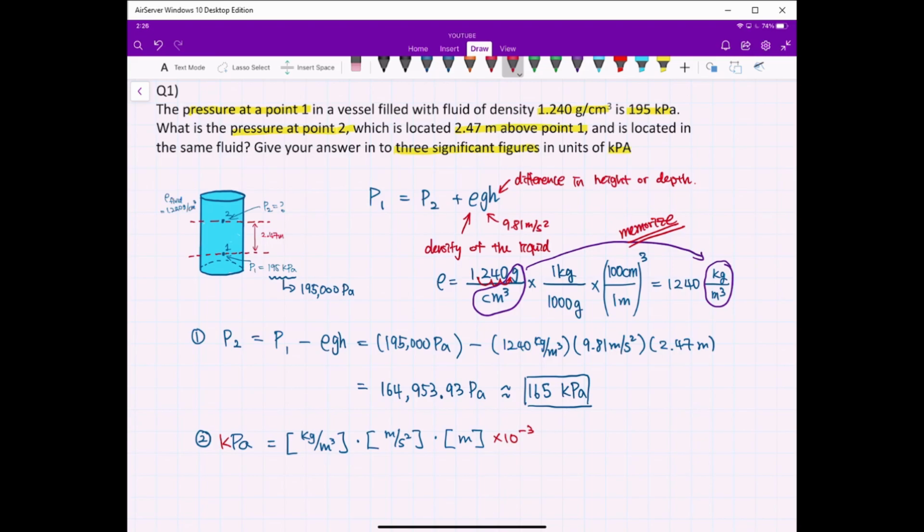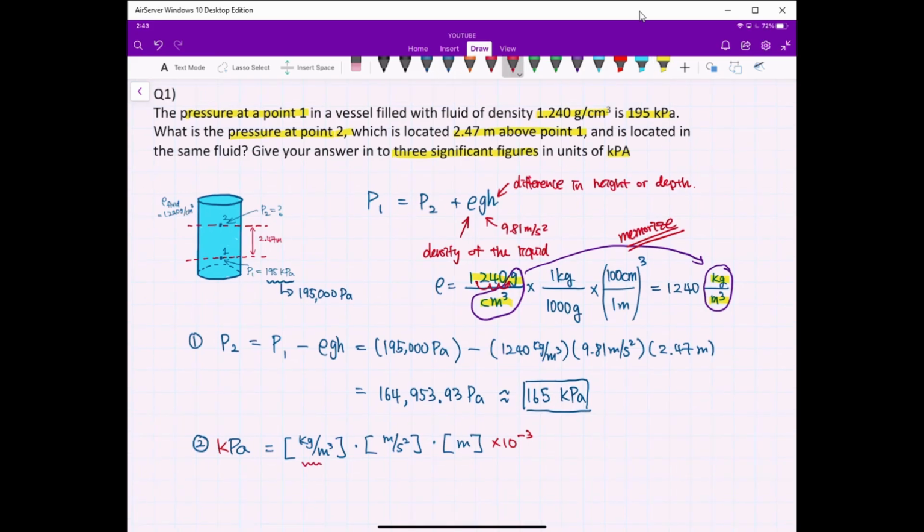From the above density conversion, we needed to move 3 decimal places to the right to get kilogram per meter cube, and this is the same as multiplying by 1000, which we can write as 10 cubed.